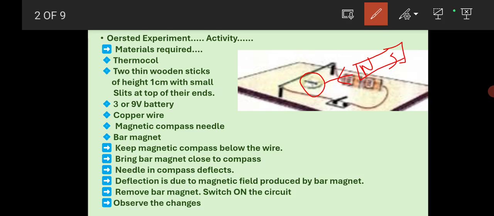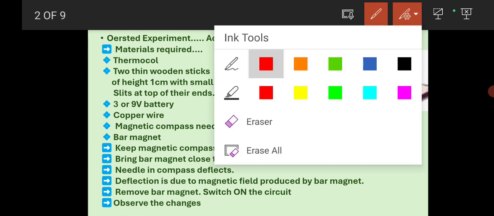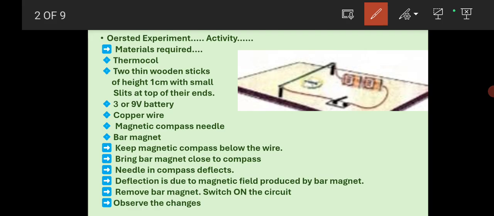The bar magnet produces a magnetic field, so when the bar magnet comes closer to the compass needle, it deflects, indicating the presence of a magnetic field nearby. Now remove the bar magnet. Second thing, he placed the bar magnet completely away from this circuit arrangement.